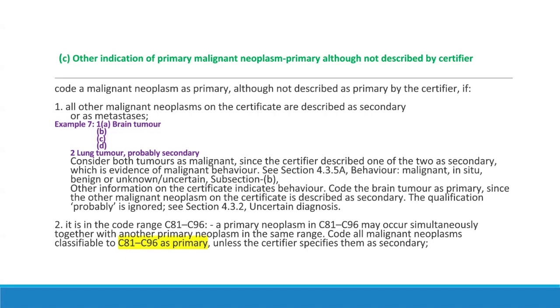Additionally, it mentions that neoplasms within the ICD code range C81 to C96 should be coded as primary unless the certifier explicitly labels them as secondary. The guidelines also instruct to disregard ambiguous qualifiers like probably to ensure clarity and accuracy in medical coding, thus enhancing the consistency of medical records and supporting effective treatment planning.